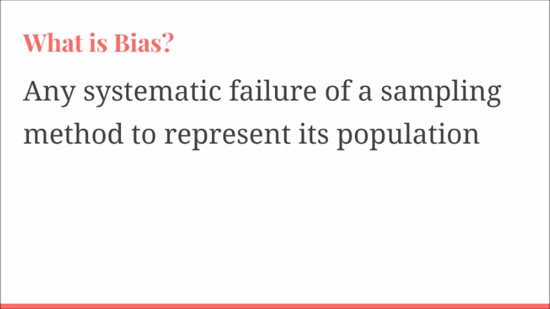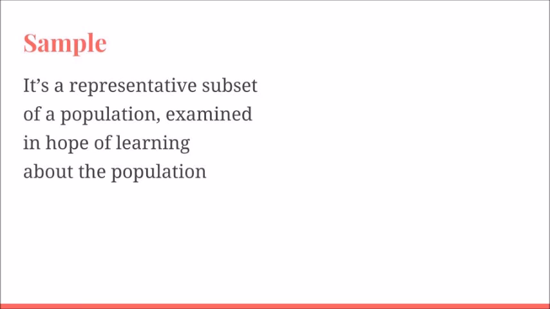But you guys might have a question. Then what is sampling? A sample is a representative subset of a population examined in the hope of learning about the population. It might sound very complicated, but what it means is really simple. It's basically saying if you want to find out some types of information from a group, you need a certain group of people who are representing the entire population, because researching the entire population will take more time and more energy.